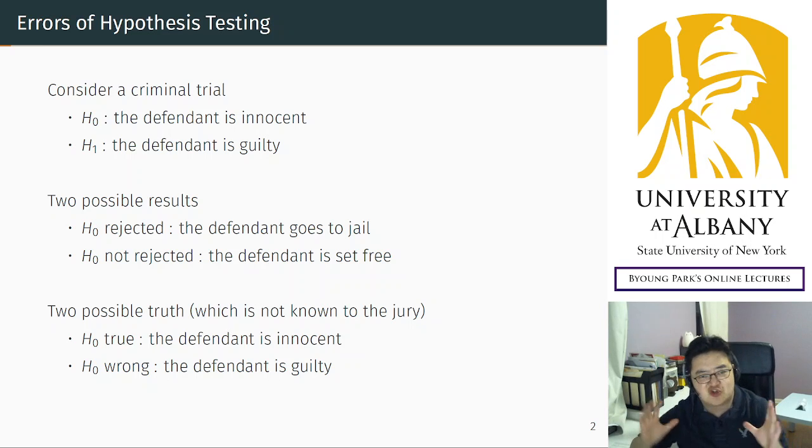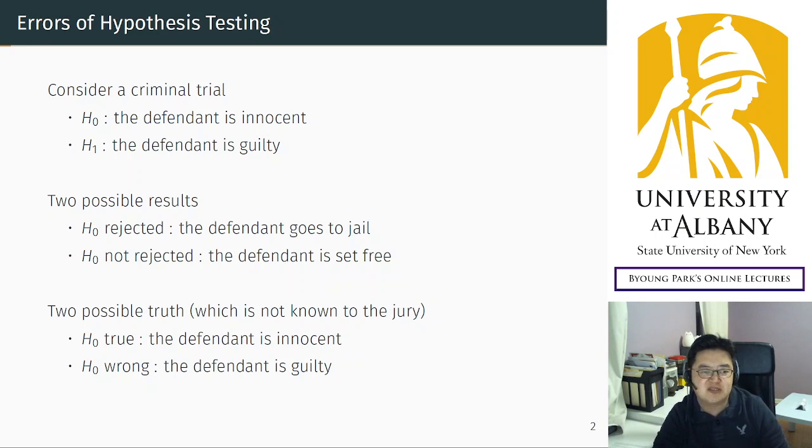So in this structure, we can think about 2 results, 2 decisions. One is the null hypothesis rejected. That means the jury or the judge judges that the defendant is guilty. So let's say the defendant goes to jail. And the other result is non-rejection.